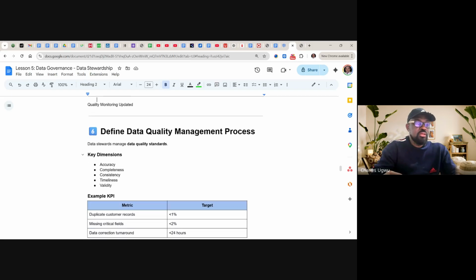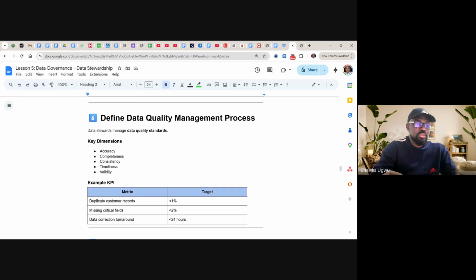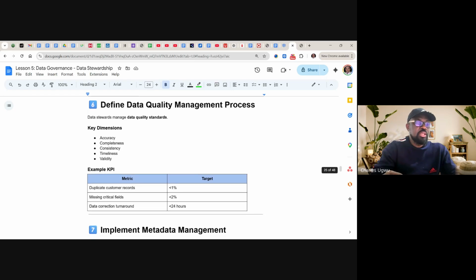So decide what data quality management is. You can't just say data is quality. Under here, you see data dimensions. We'll talk about accuracy, completeness, consistency, timeliness, and validity. So we see metrics here.